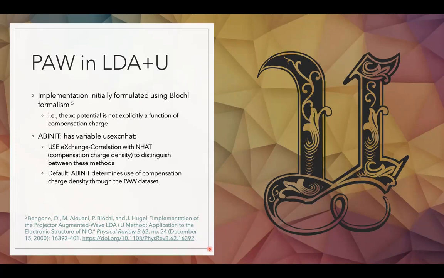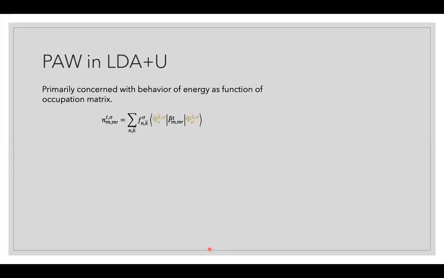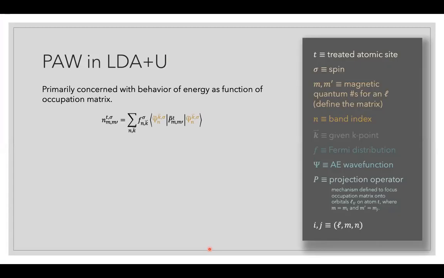Okay, so then what does PAW in LDA+U look like? Well, it looks pretty much exactly the same. You're concerned with the behavior of the energy as a function of the occupation matrix. So we define the occupation matrix then, and in terms of the PAW formalism, we're going to end up using our pseudo wave functions.